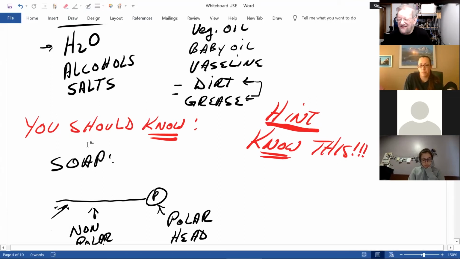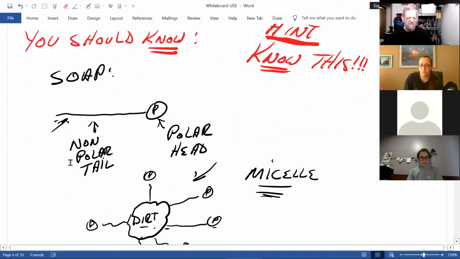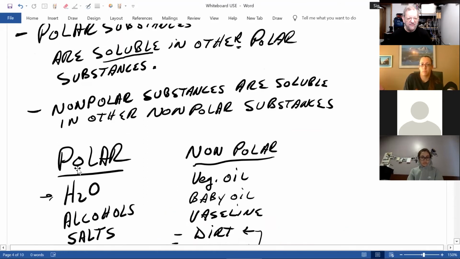Get the picture? All right, this is what you should know. First of all, you should know the structure of soap. It's a non-polar tail and a polar head, and how to draw it like this. Next, you should know like dissolves like.